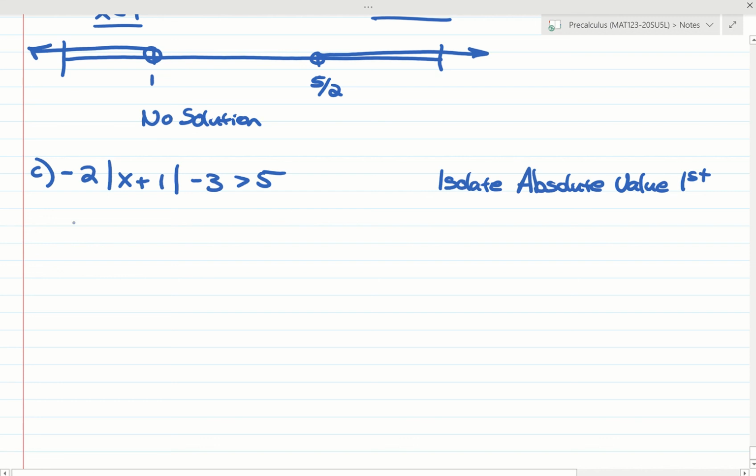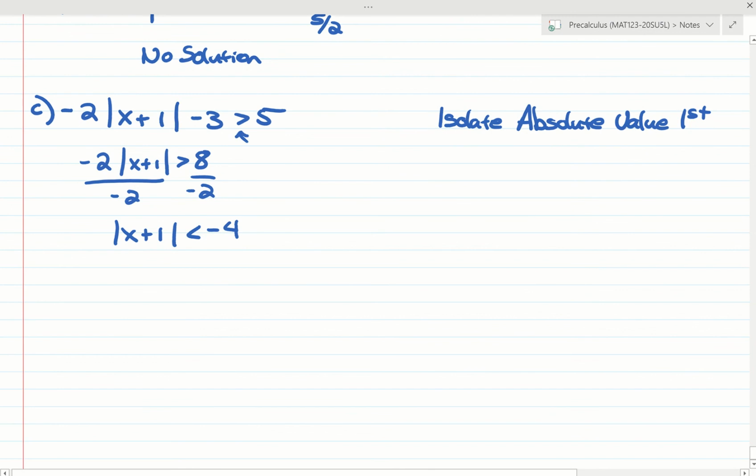Okay, so that means adding 3, just like if we were going to solve a regular equation. Divide by -2. I'll get the absolute value of x plus 1 is less than -4. So you could actually see, if you jump the gun, it looks like an or, but when you isolate the absolute value, it actually turns into an and problem.